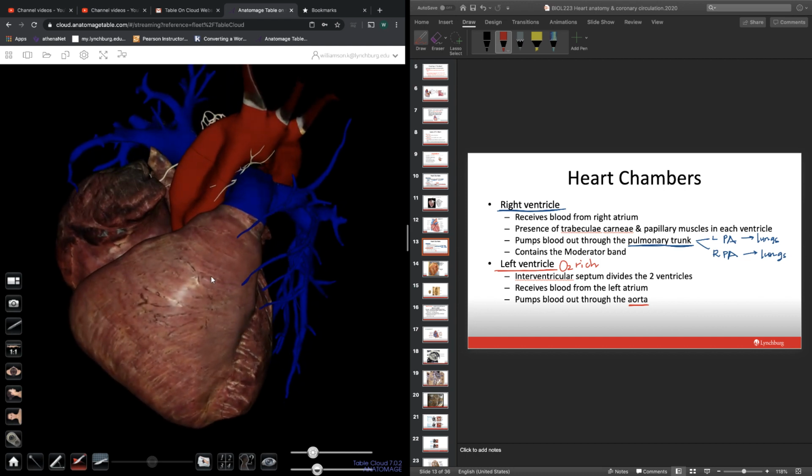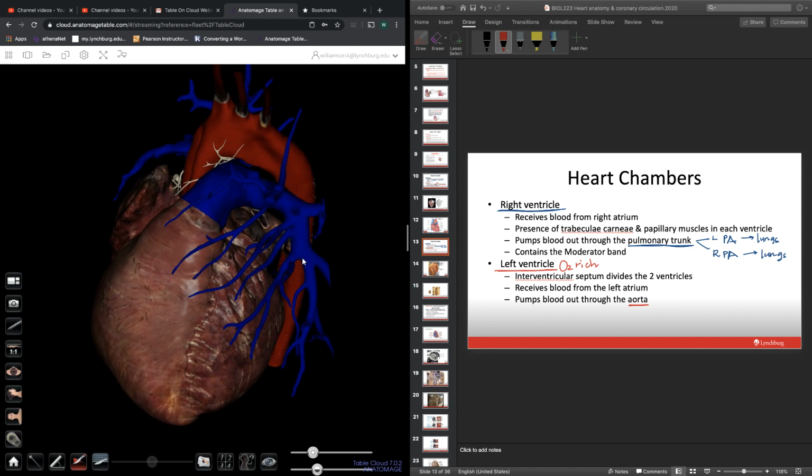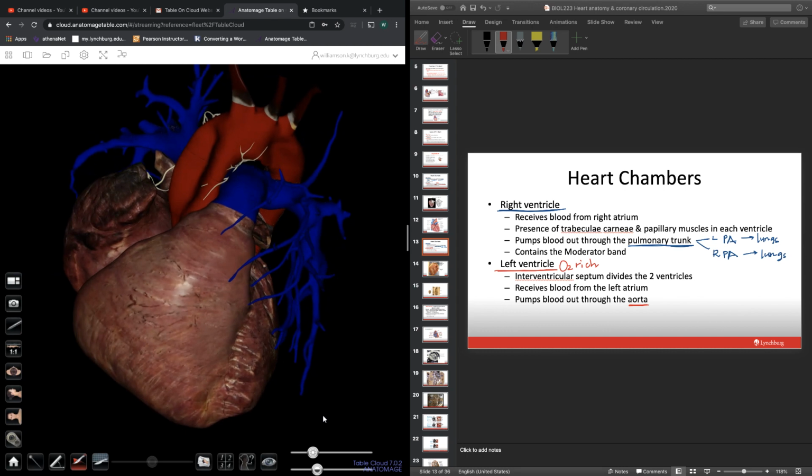So here is the aorta leaving the left ventricle. We have the aortic arch where it's going to bend across and then start traveling down the thoracic cavity. And so those are the vessels that are leaving the ventricles.